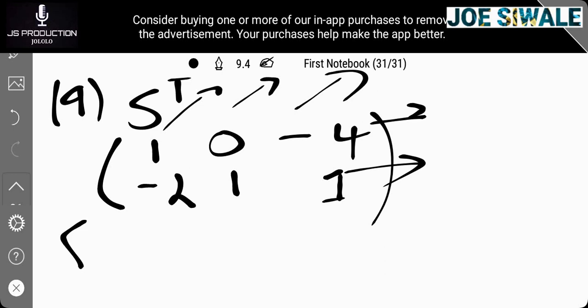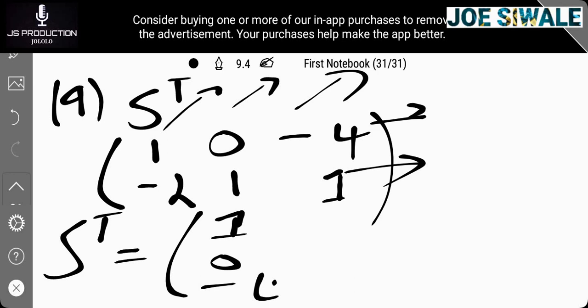So the transpose of matrix S is going to be, my first column changing into a row, it will be 1, 0, negative 4. Then my second column changing into a row, it will be negative 2, 1, 1. So that's the answer for the transpose of matrix S.